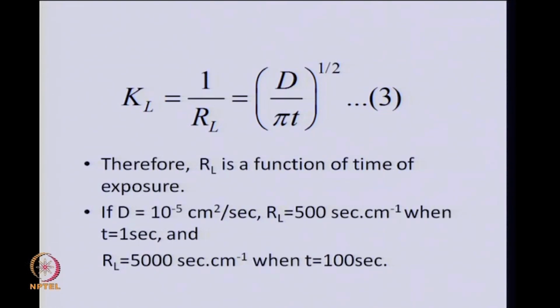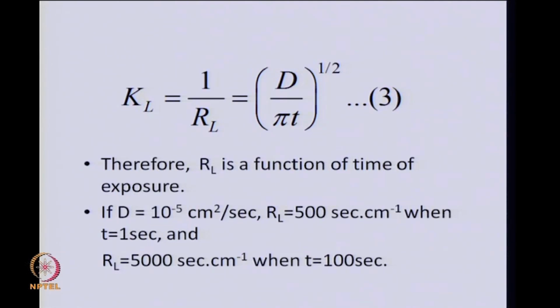So, if we take some representative values for diffusivity for many solutes, small solute molecules in liquids like water, practically all liquids, the order of magnitude for diffusion coefficient is about 10 to the power minus 5 centimeter square a second, and with the time of exposure of the order of a second, we will find that resistance is about 500 seconds per centimeter.